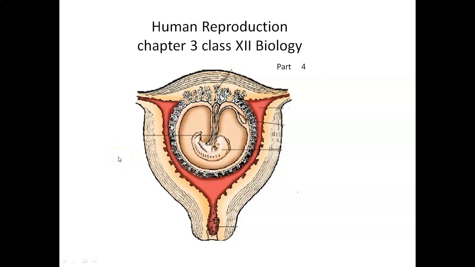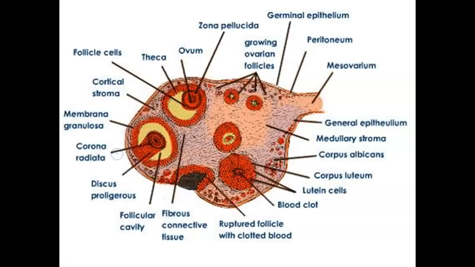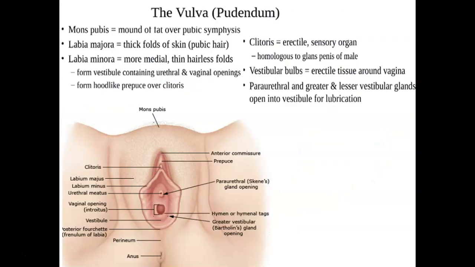Today I'm going to describe this slide we have already done, that is the anatomy of ovary, where we have seen the cortex and medulla region and the various developmental stages of follicle. So in the female reproductive system we were at the external genitalia.